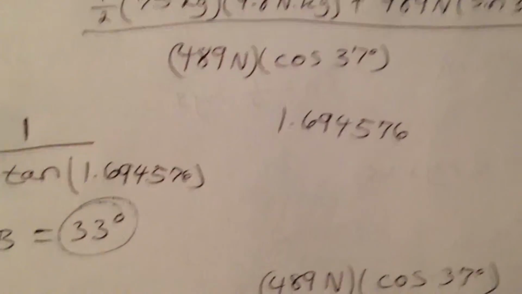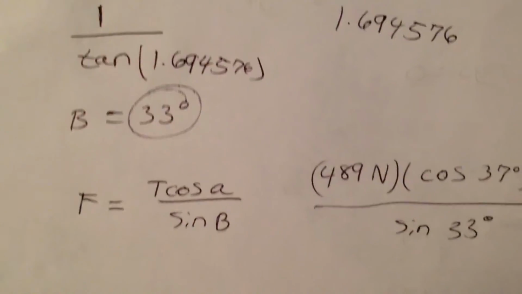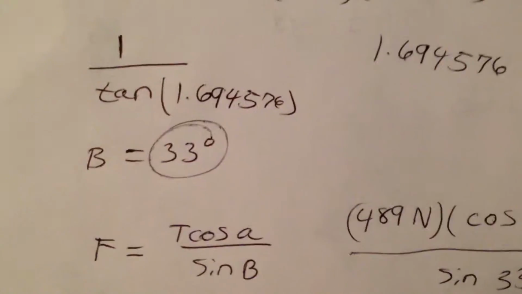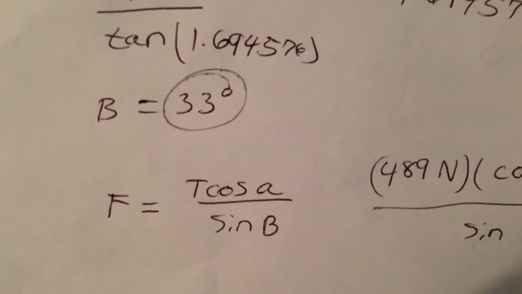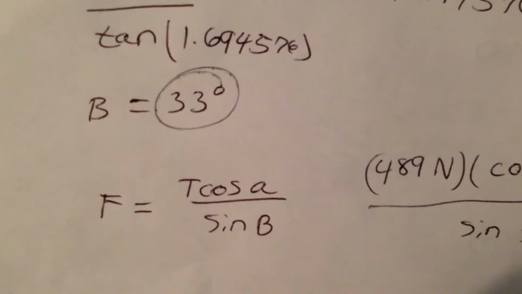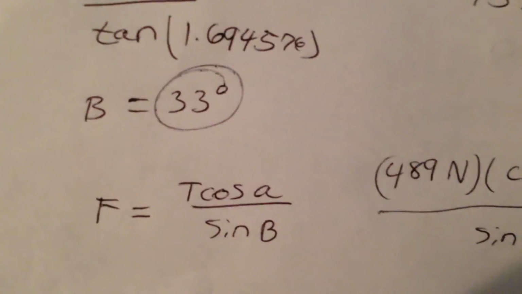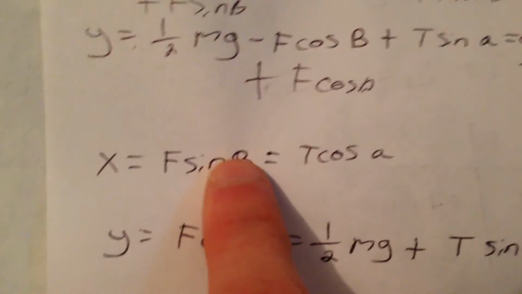So now that we have the angle, I can go ahead and solve for the force. In this equation, we want this force. Oh, I'm sorry, this force right here is what we're looking for.